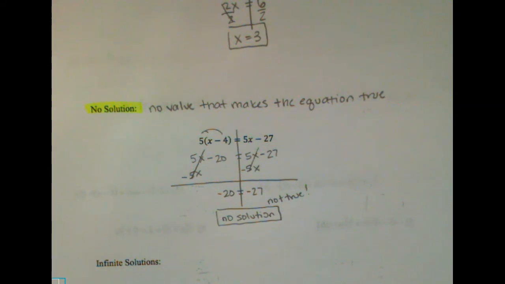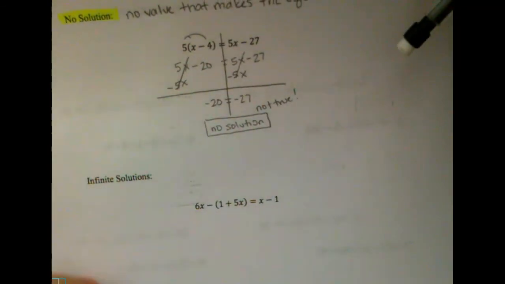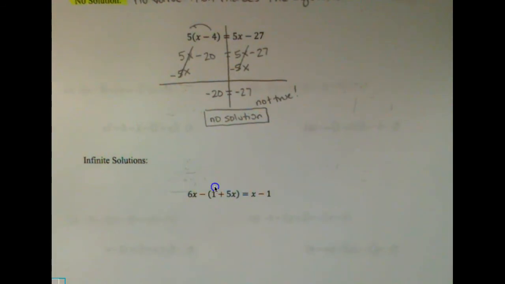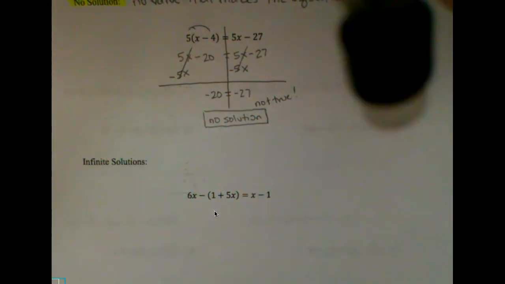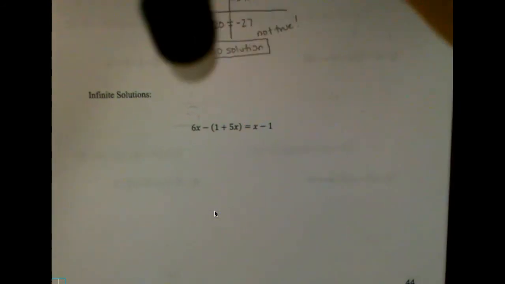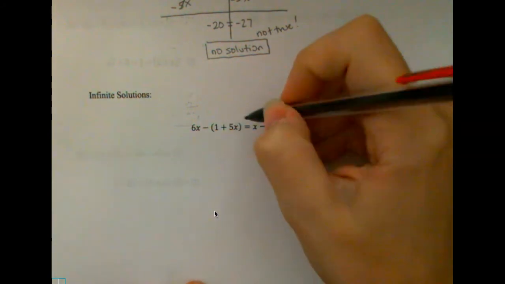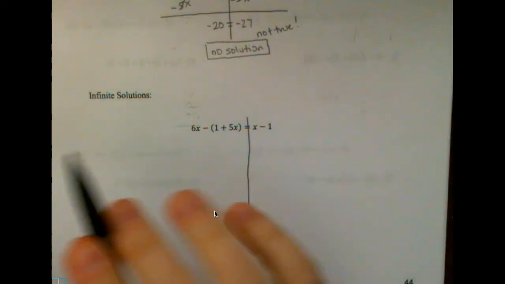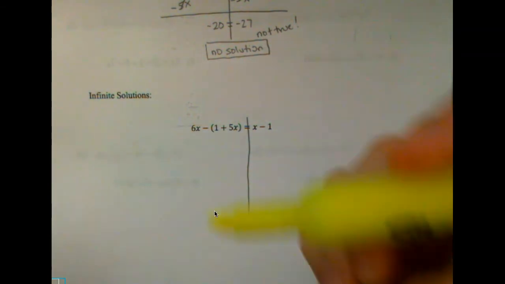Okay. On the other hand, we can also get to a problem that has infinite solutions. And that looks different as well. Let me angle my camera up a little bit here. Okay, so if we have something that has infinite solutions, let me take a step back here.